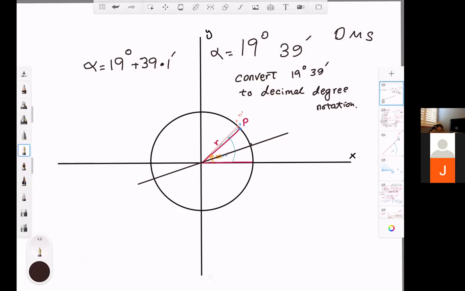So we are here. What can I write instead of 1 minute? Inside of 1 minute, how many degrees do we have?